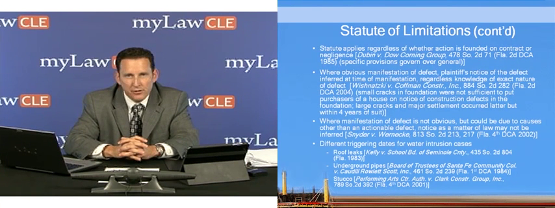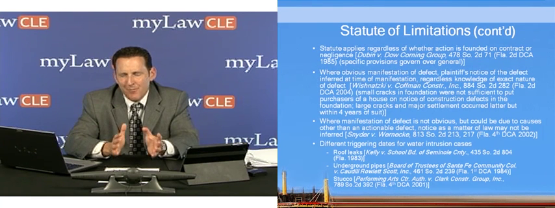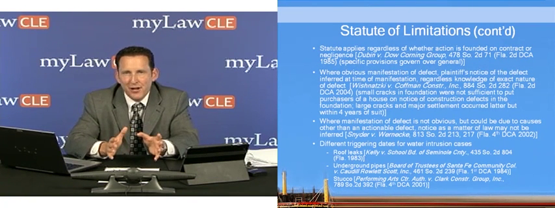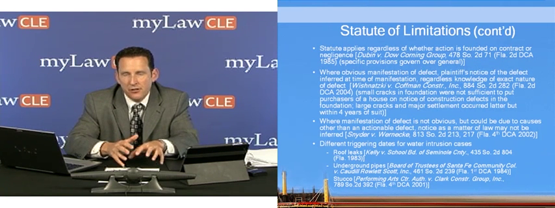There's the leaky roof cases, and those came out of the Kelly versus School Board case, Florida Supreme Court case, 1983, and basically said where you've got new construction and you've got a roof that's leaking, you may not know exactly where that leak is coming from, but pretty sure it's from defective construction, and the courts there are going to say that the time starts running from the date of that leak. And you may not know why it's leaking, and it may take you years to find out the ultimate cause. Hopefully it doesn't take you that long, but the limitations period is going to start running.